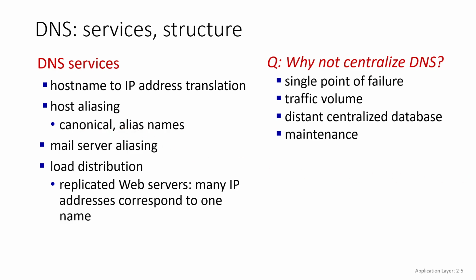Now mail aliasing is like, for instance, your email address at WITS is your student number at students.wits.ac.za. Students.wits.ac.za is an IP address, right? That IP address is basically what you see.